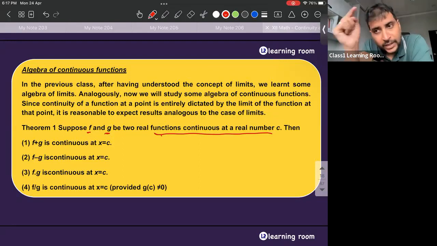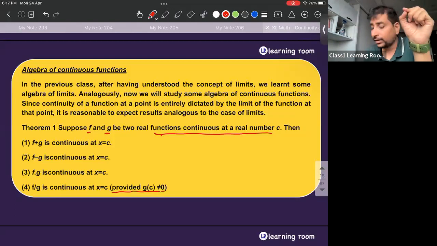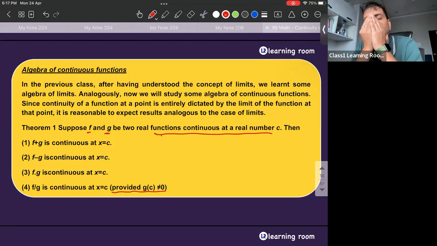F minus g will also be continuous at the given point. F into g will also be continuous at the given point, and f divided by g will also be continuous, provided the denominator g of c is not equal to 0. Clear with this point?